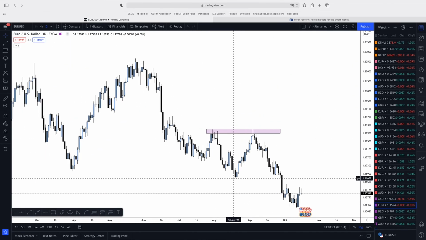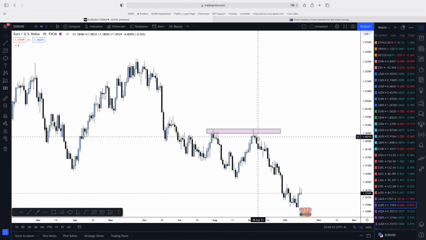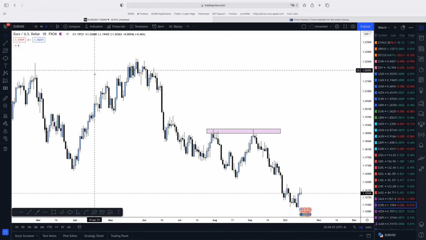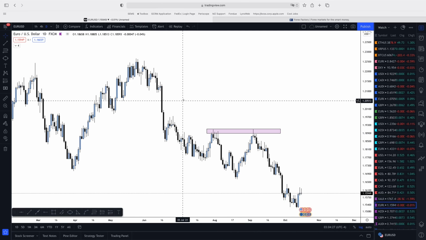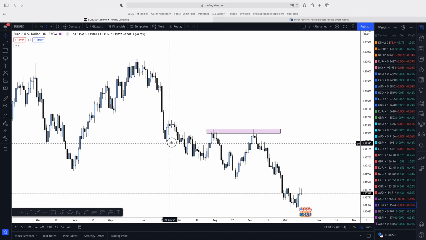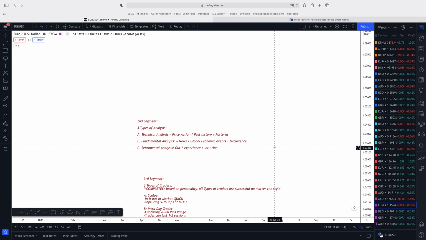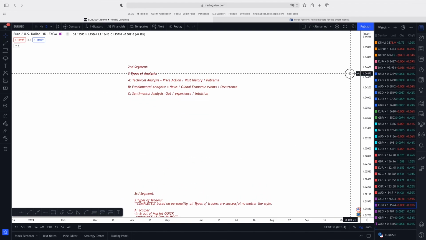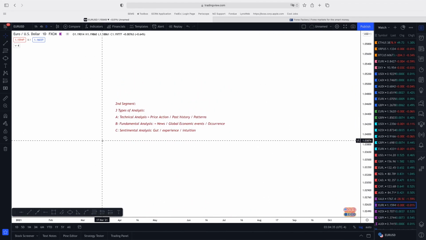It's being able to read the charts and the patterns and using the past history to determine future moves inside of the market. Guys, the second type of analysis is your fundamental analysis, which I will be going over.